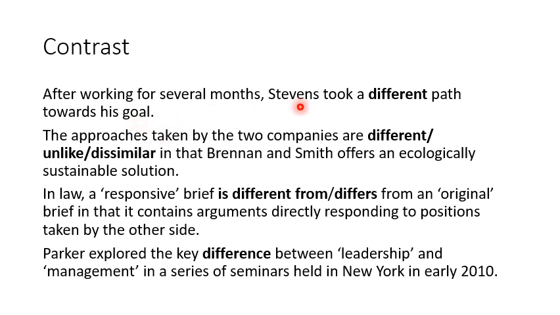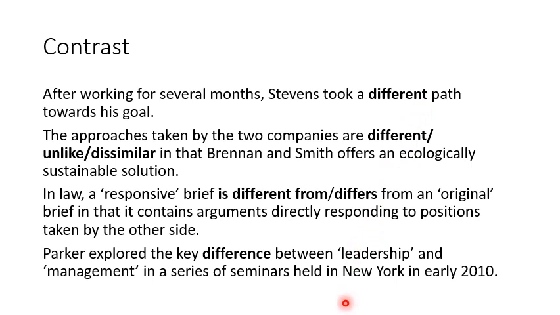Now we are contrasting the action of Stevens, who took a different path toward his goal after working for several months. So this is the first tool used in contrasting: the word different.